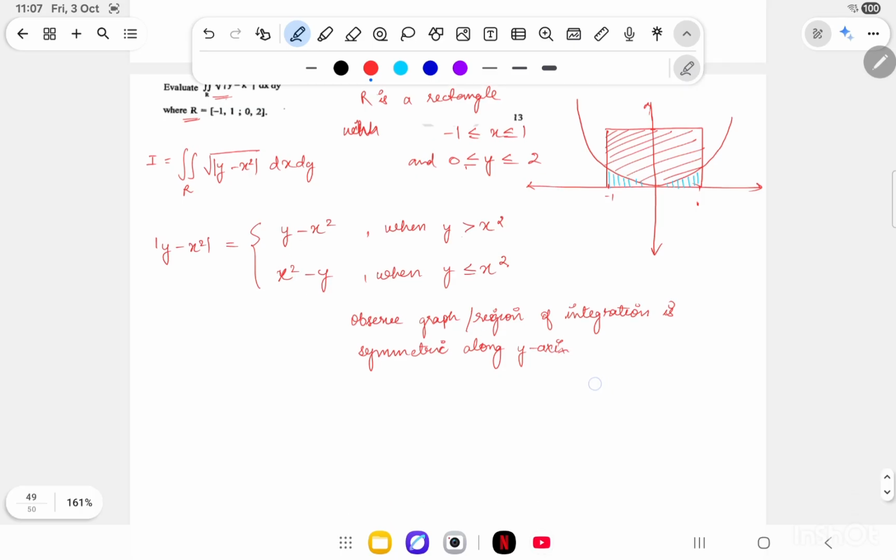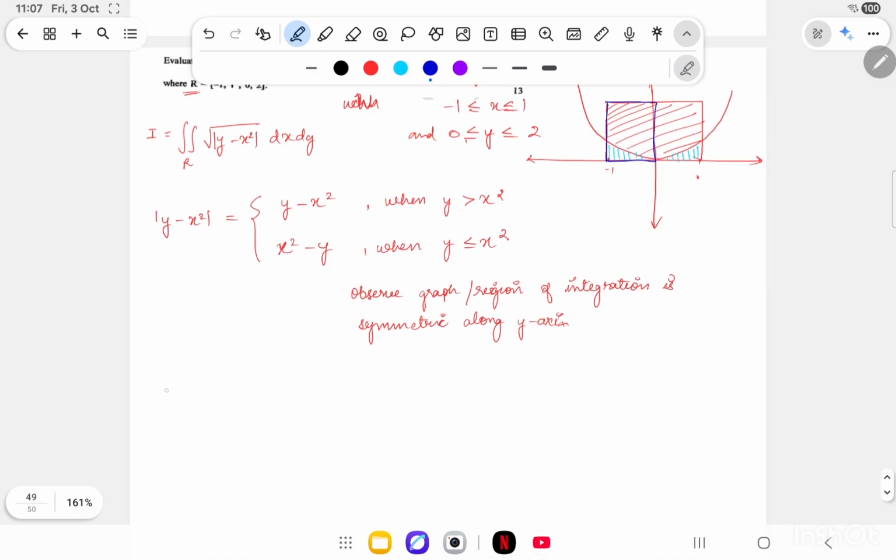So it's enough to calculate the integral over one half and then multiply it by 2. Or we can just use the whole thing and vary the value of x from -1 to 1. Let us denote this region as R1 and this region as R2.